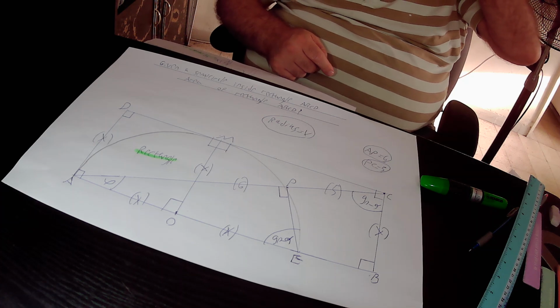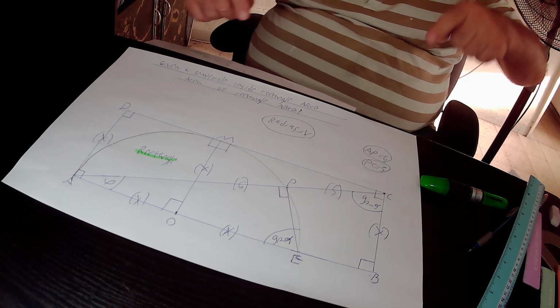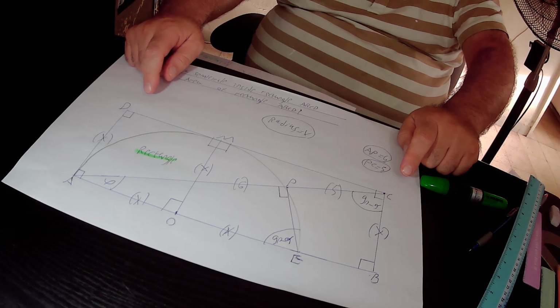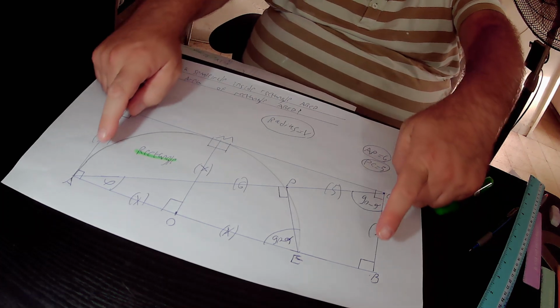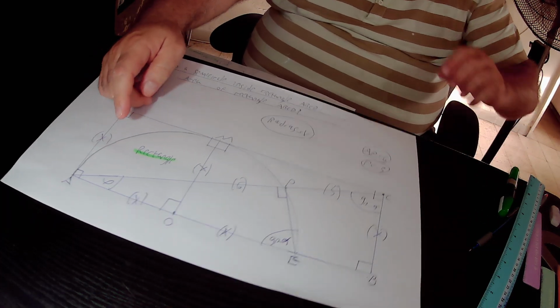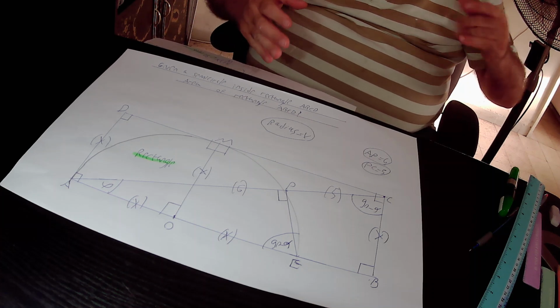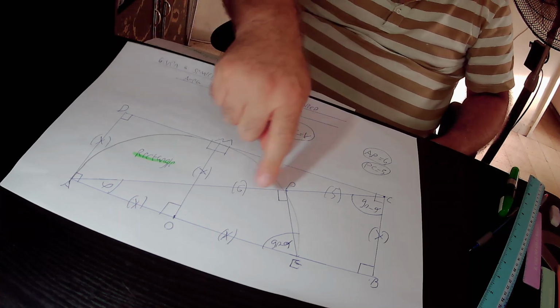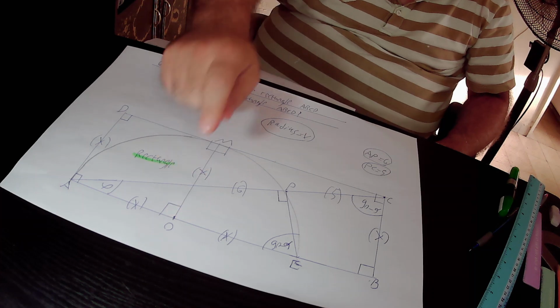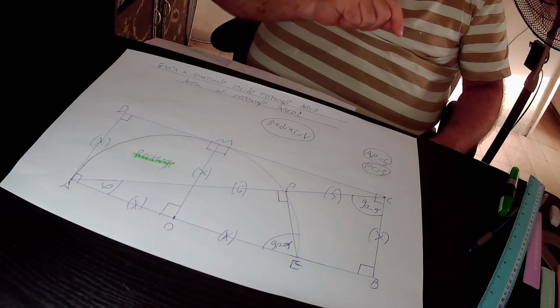So first of all, we define, because of the fact that ABCD is a rectangle, all those 4 angles are right angles. The next step, we define the center of this semicircle as O, this point is O. We define the radius of this semicircle as x.